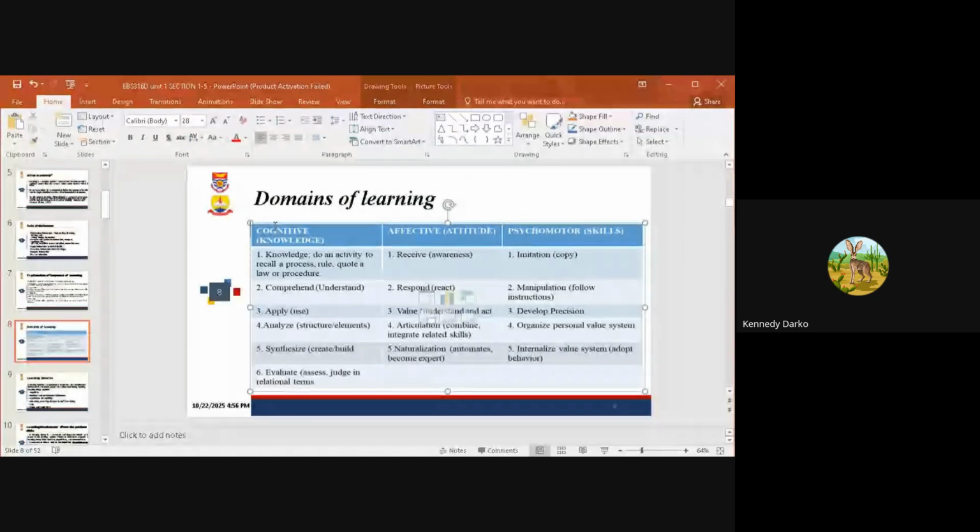And so in terms of cognitive, it deals with the mind, the knowledge. Under the cognitive, we are saying that the knowledge does an activity to recall a process, rule, code, law, or procedure. So the knowledge will help you to do all these tasks.